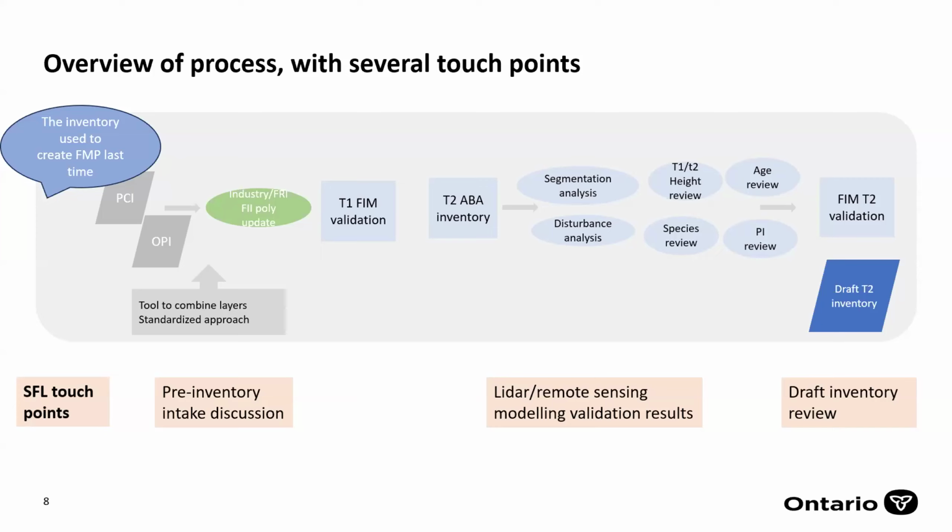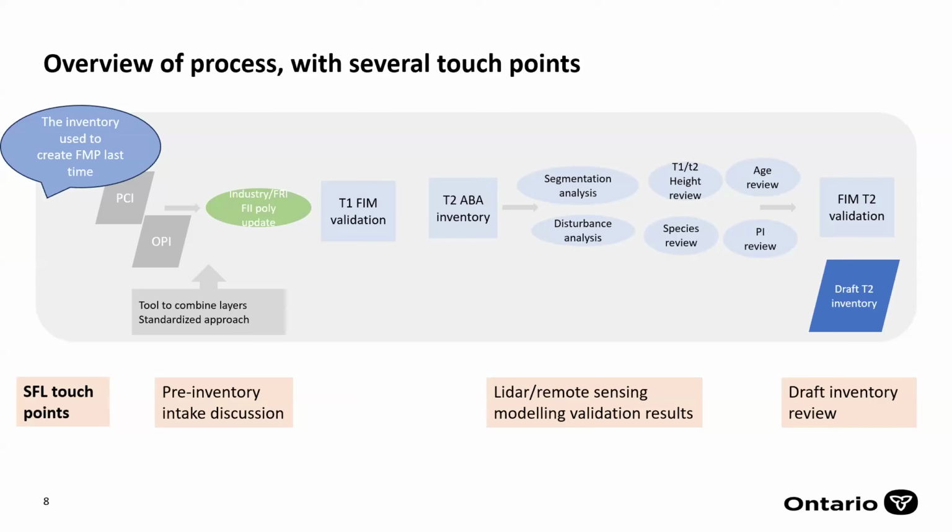So we still have an interpretation component in the inventory process, but this is a way to try to target those areas of need, and we leave the priorities of some of those targets up to the industry to identify where are those areas that we want to try to focus interpretation on for the T2.